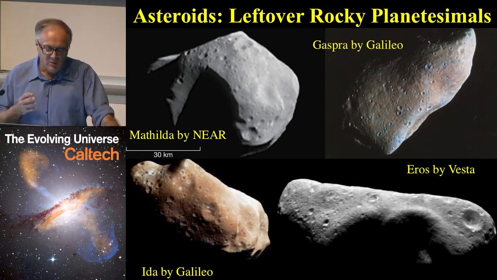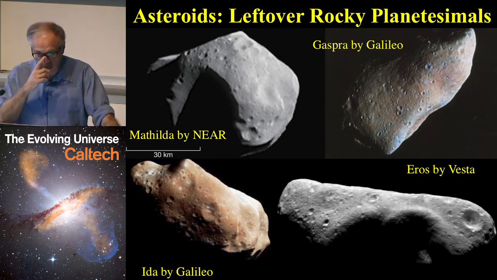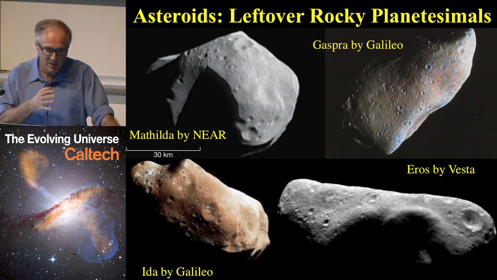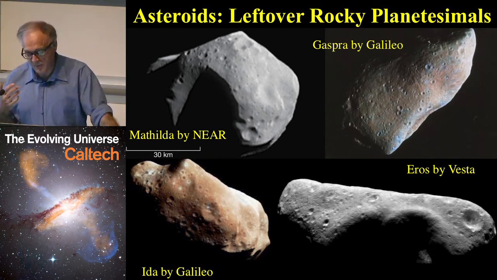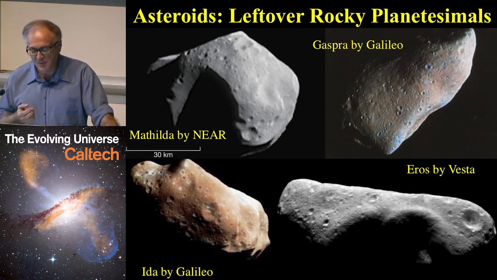Again, there is a division between rocky and icy bodies, depending on where they formed in the protoplanetary nebula. Closer to the Sun, all the lighter stuff will have evaporated, so the composition will be similar to that of the rocky planets, versus those in the outer regions, which will be very much icy.